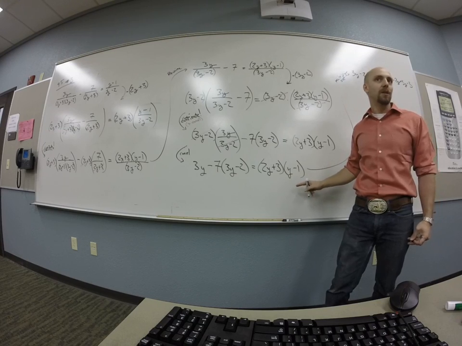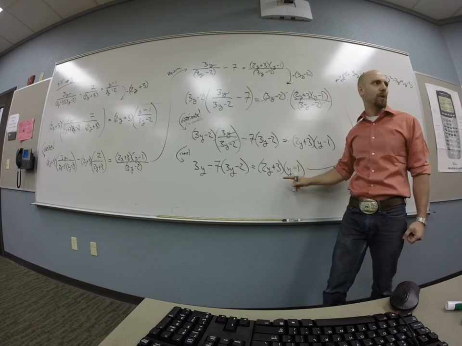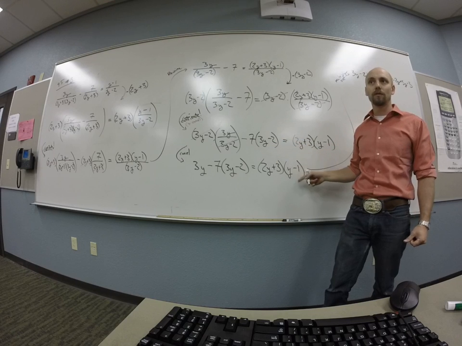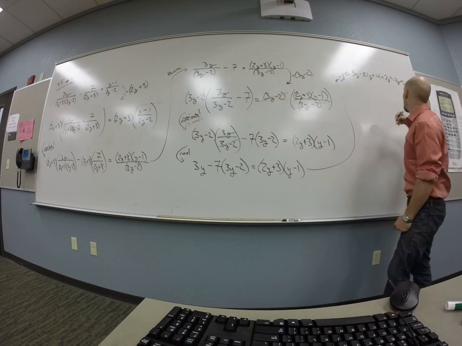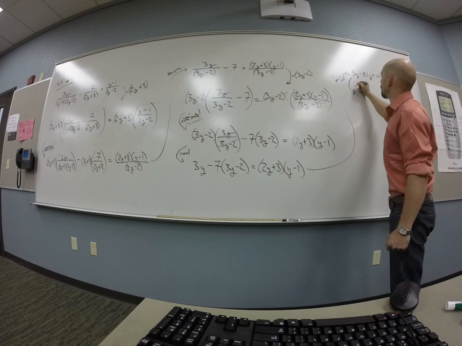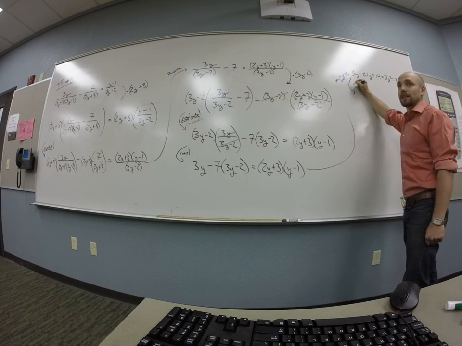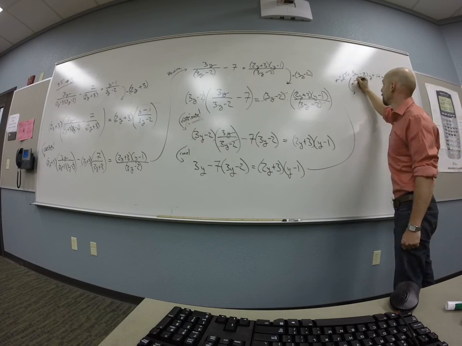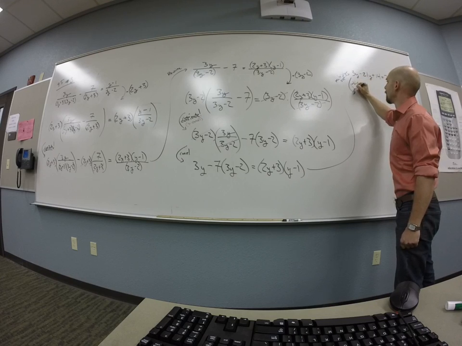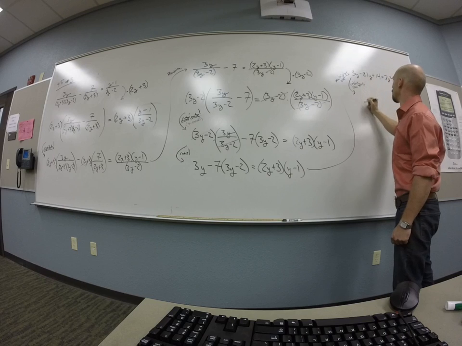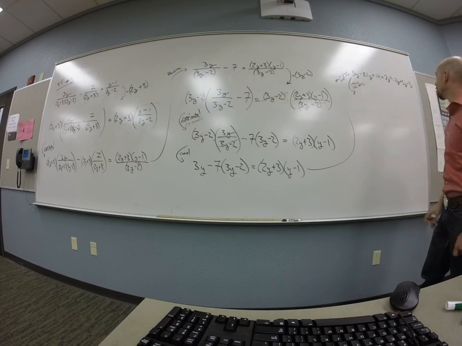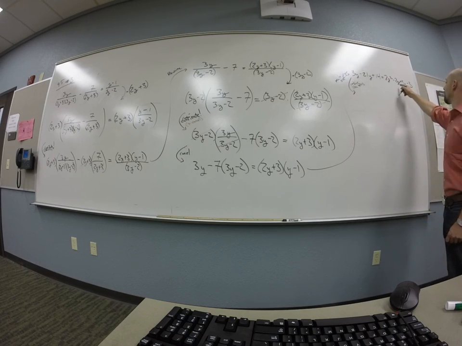Okay. So it's gonna take a bunch of different forms, but largely it's gonna be distribute, FOIL, then what? Yeah, so next step is gonna be combine like terms. Okay, so let's see, what can I combine right now?